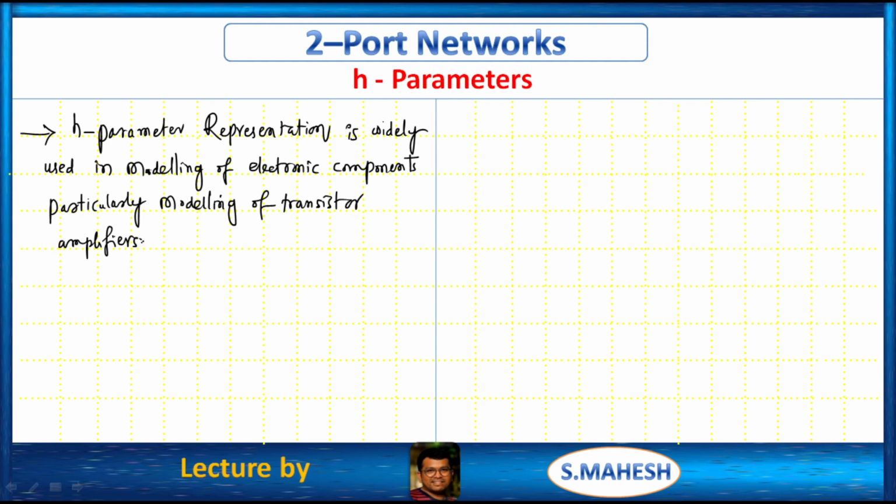So you have clear-cut analysis in analog electronic circuits. There you have the application of hybrid parameters. Okay, means modeling of transistor amplifiers.